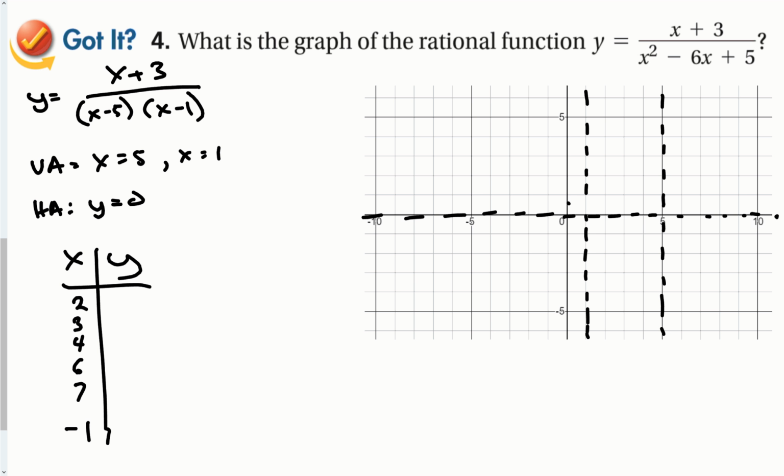All right, so what's my function? It is x plus 3 over x squared minus 6x plus 5. And actually, looking at this, the x-intercept is -3. Well, you're probably thinking this point's up here, so how does it cross the x-axis there?